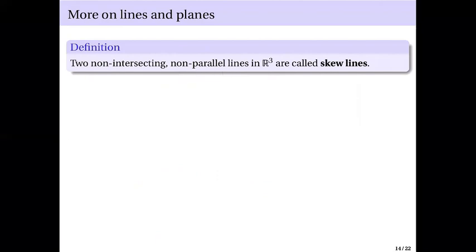Remember, in R2, if you have two parallel lines, then they will not intersect in the two-dimensional Cartesian plane. So in R2, you have this line and this line, parallel.